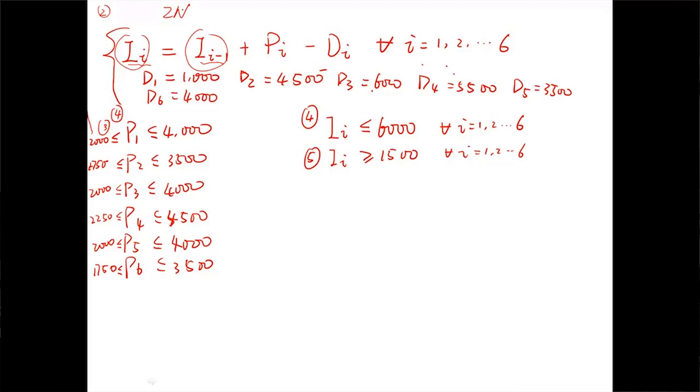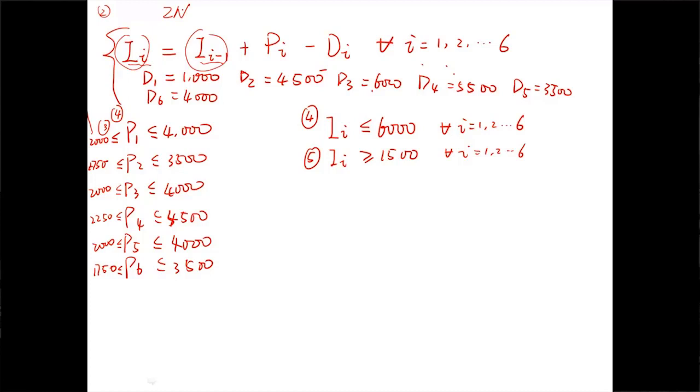So you see it's more straightforward to define these I first as the ending inventory and use those I to calculate the average inventory, instead of defining the average inventory first and trying to calculate the ending inventory, because there's no way to calculate the ending inventory from the average inventory. So the relationship goes the other way.